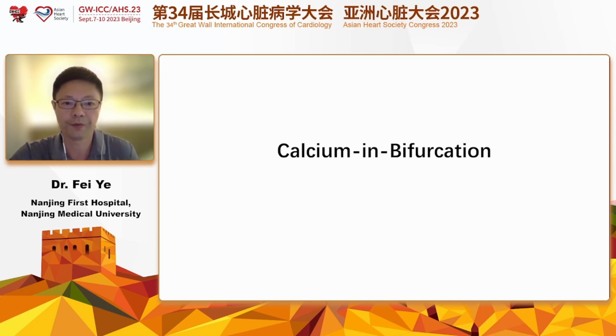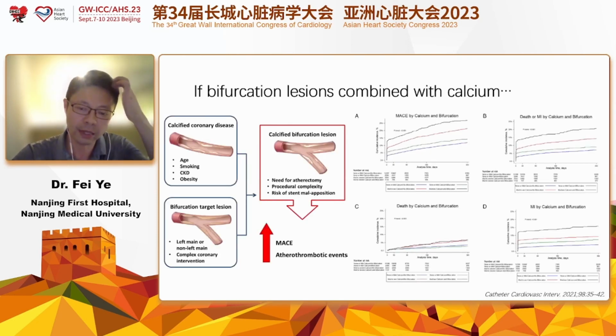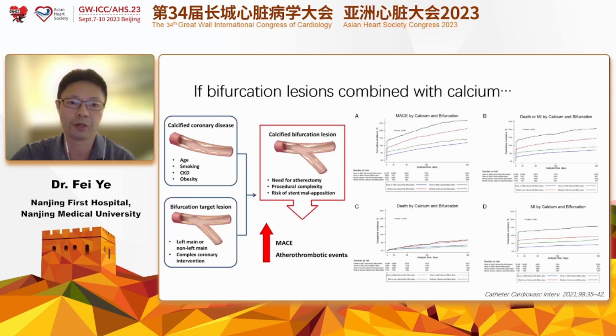So how about the calcium in bifurcation? In 2021, a paper was published focused on calcification with bifurcation. If the lesion had only bifurcation or only calcification, MACE was not very high, but the combination of bifurcation lesion with calcification was seen in only 5% of all patients from over 20,000 patients in a registry trial.